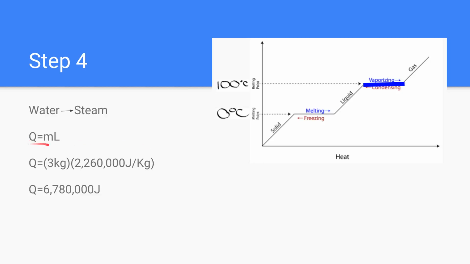Yet again, we're going to use Q equals mL, and we're going to plug in the mass of 3 kilograms, and we're going to plug in the new latent heat of 2,260,000 joules per kilogram. After multiplying this out, you will get 6,780,000 joules of heat energy it will take to vaporize the entire 3 kilograms of water into steam.